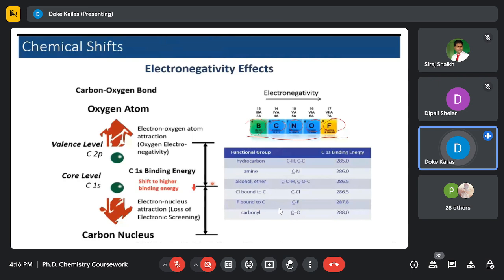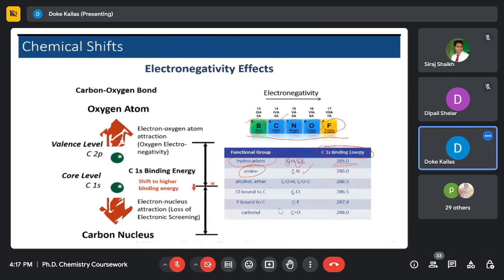In case of carbon which is attached to nitrogen, amine nitrogen, compared to hydrogen or carbon, this nitrogen is more electronegative than carbon. Because of the higher electronegativity, a property you studied in inorganic chemistry, the 1s binding energy increases by 1 electron volt.